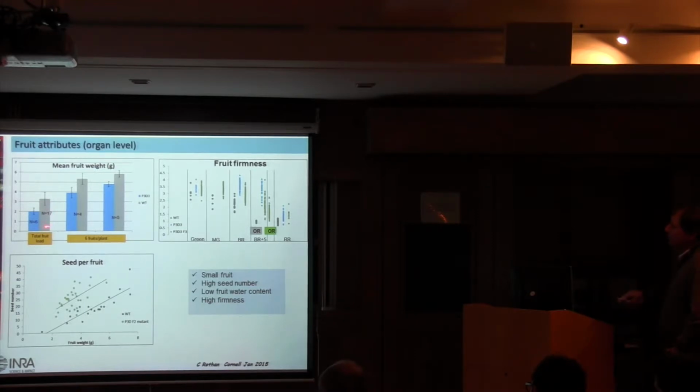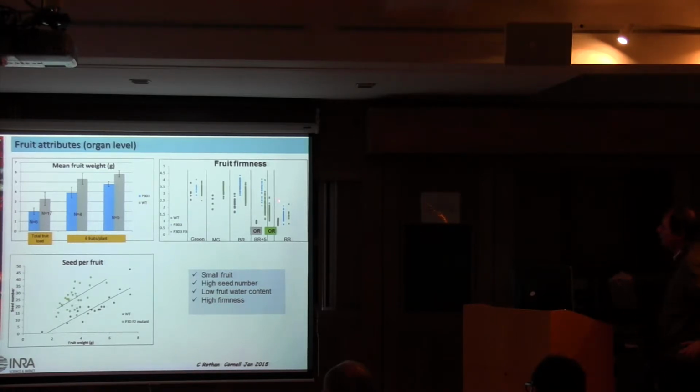If you look at fruit weight in two different conditions, one with controlled fruit number and one with uncontrolled fruit number, in both cases, in blue, fruit weight is lower. It also has an effect on fruit firmness. Here you have wild-type, and you have two different generations of this mutant, BC1, F2 and F3.